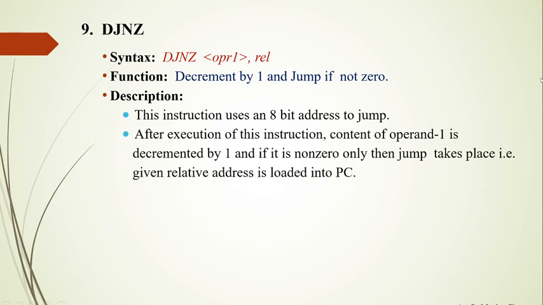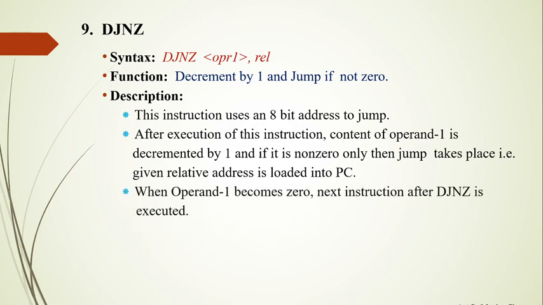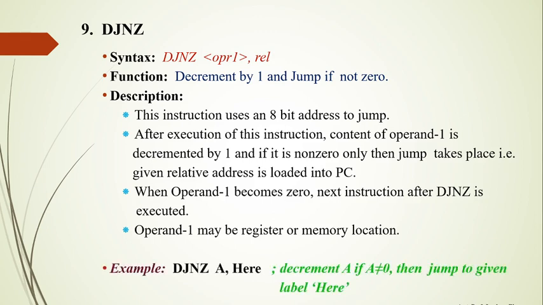So after execution of this instruction, content of operand 1 is decremented by 1, and if it is non-zero, then only jump takes place to the given relative address. And when operand 1 becomes 0, next instruction after DJNZ is executed. Operand 1 may be register or a memory location.